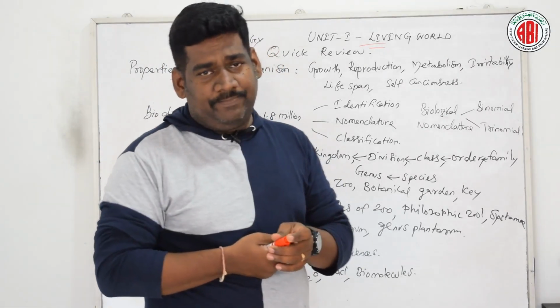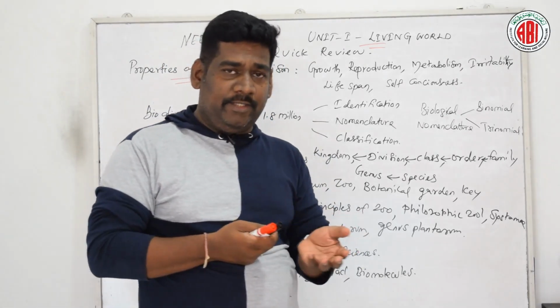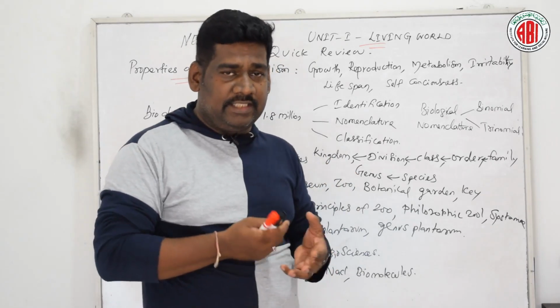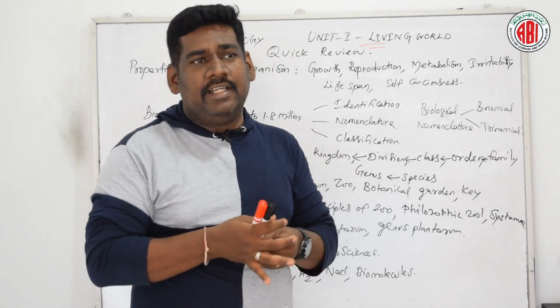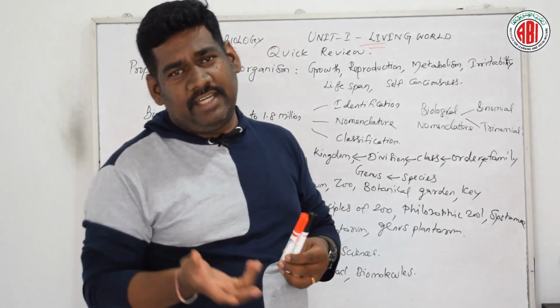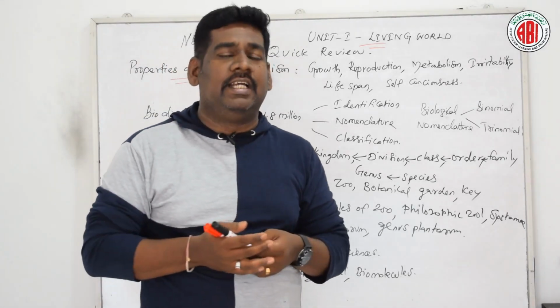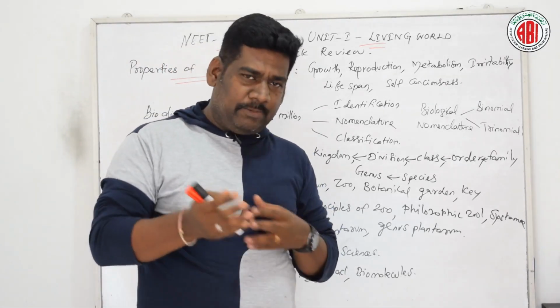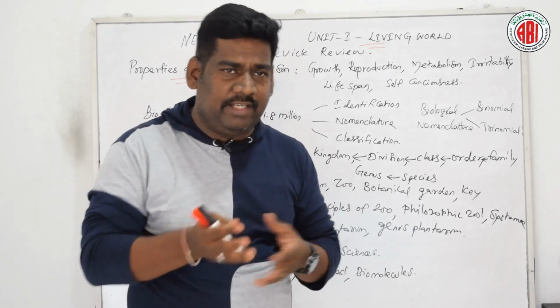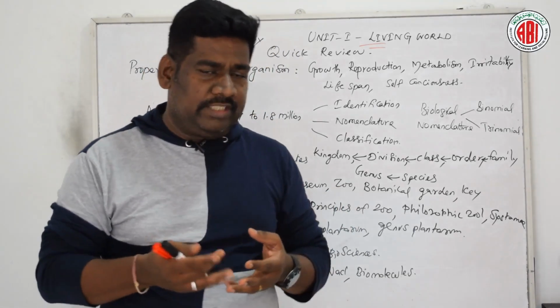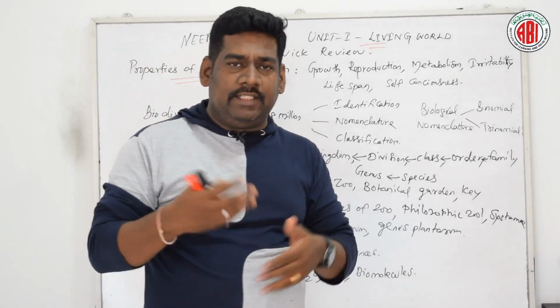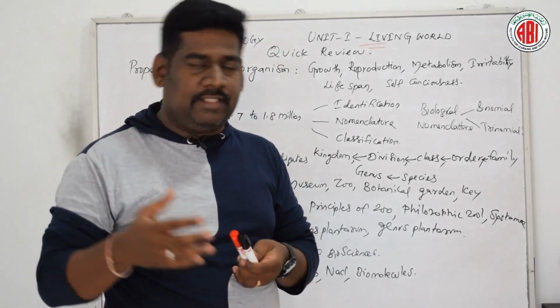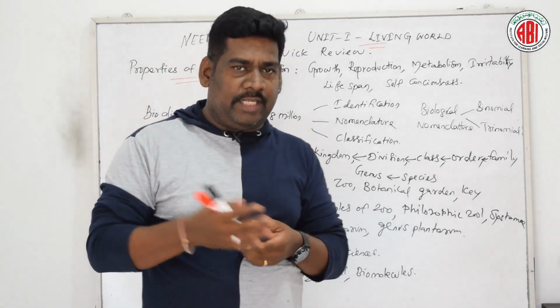Mode of nutrition may vary according to the organism, like unicellular organisms and higher level organisms. In unicellular organisms, different kinds of mode of nutrition could be seen, and in higher level organisms again. When we are talking about mode of nutrition, we are going to divide it into the autotrophic mode of nutrition, the heterotrophic mode of nutrition, and also the saprophytic mode of nutrition.